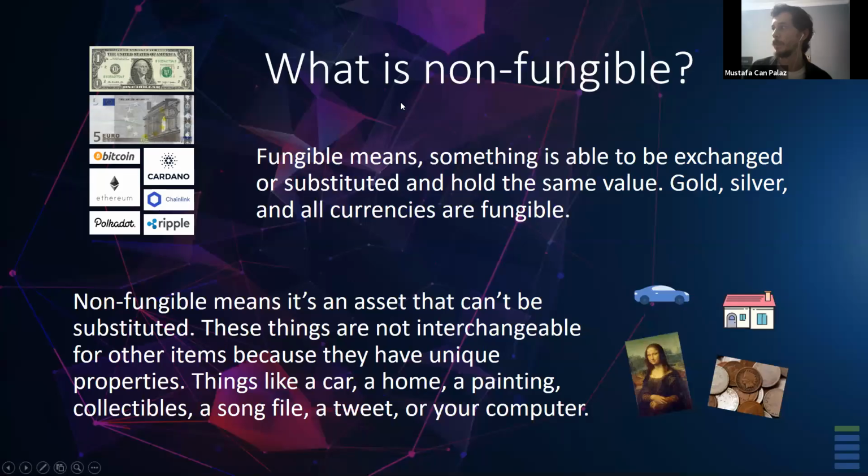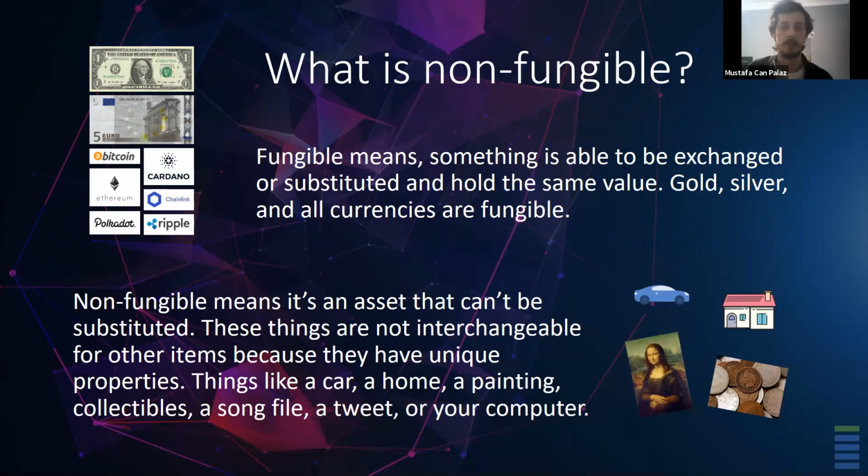What is non-fungible? We have to know fungible to understand non-fungible tokens. Fungible means something is able to be exchanged or substituted and hold the same value, like gold, silver, and all currencies. Think about if I lend you $10 cash and you return me $5.